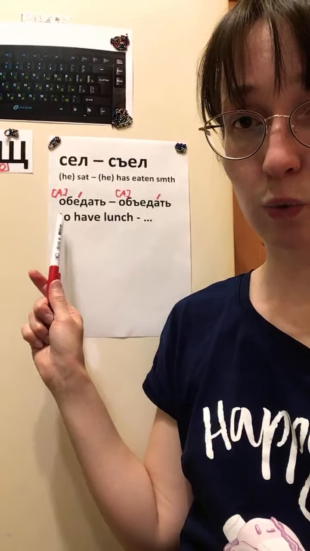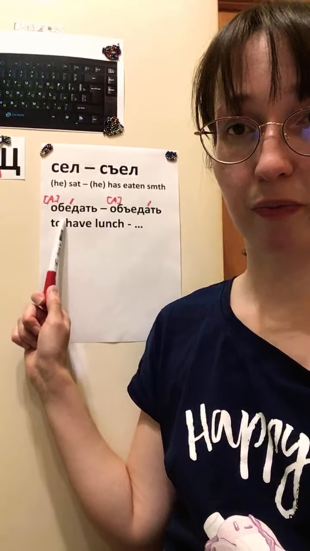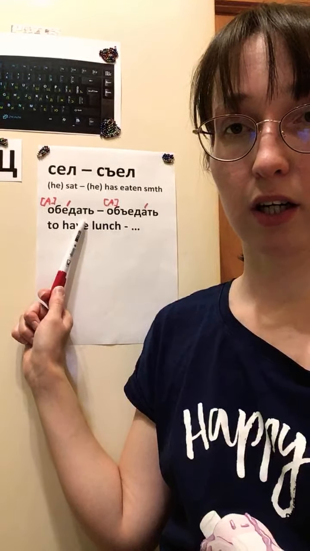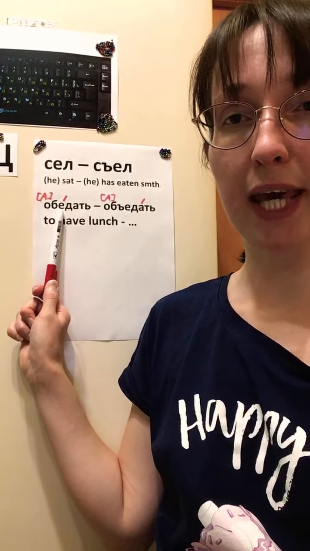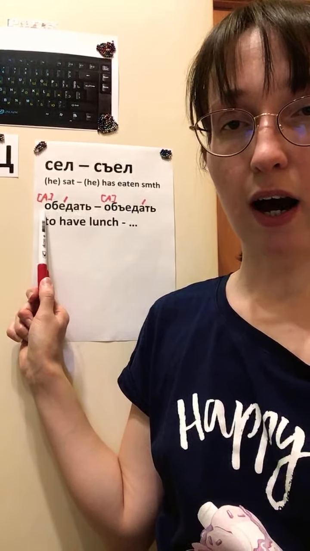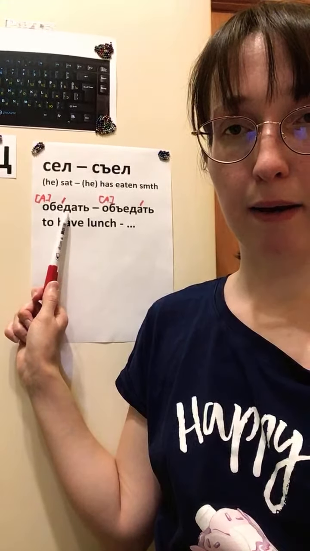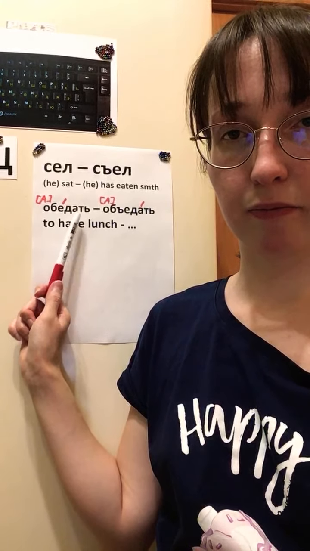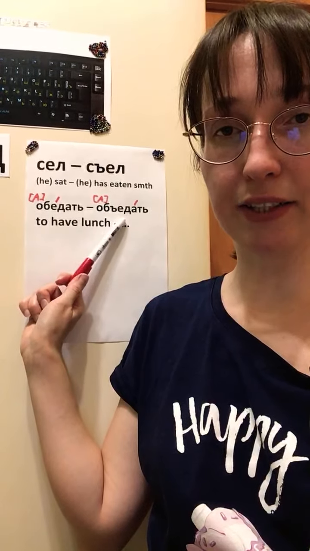So let's work with the first word, to have lunch. Try to read this word by yourselves. 1, 2, 3. Обедать. Обедать. Обедать. Here we separate b and ye.